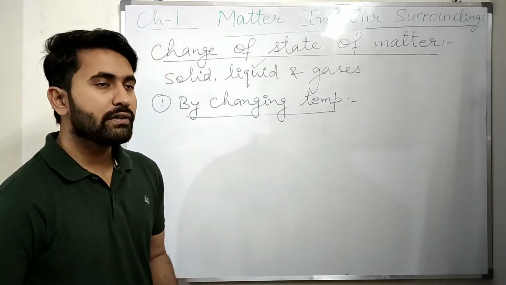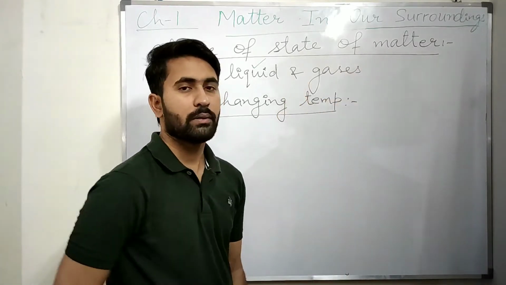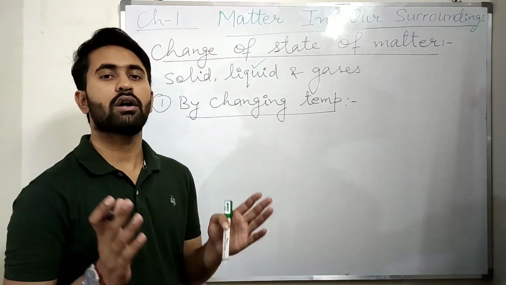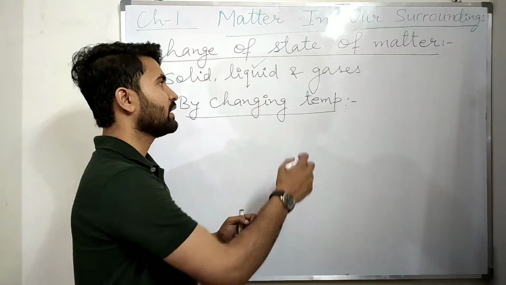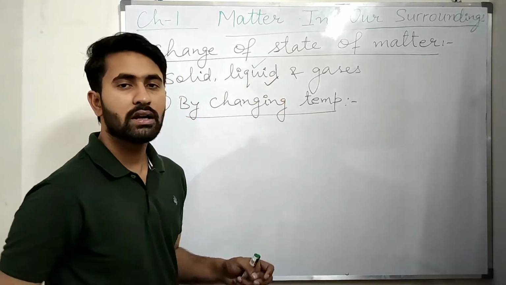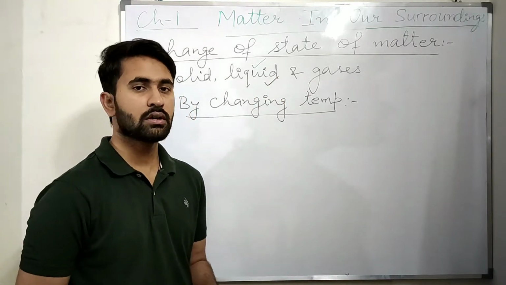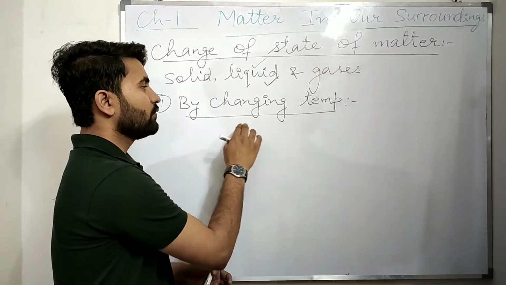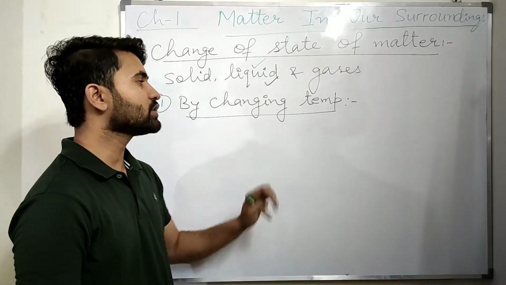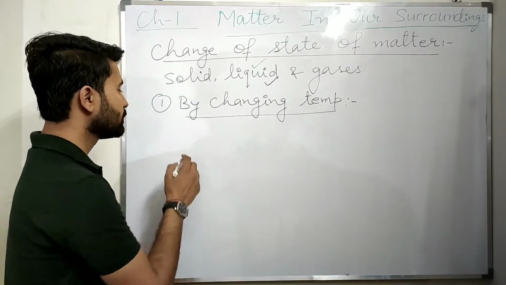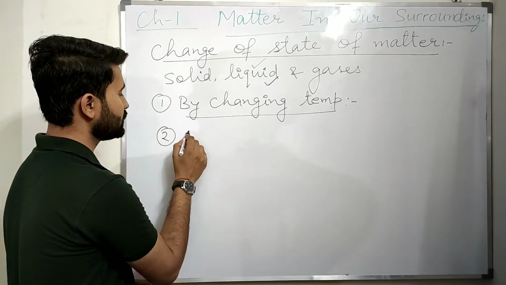And if we will cool down water vapors, if we will decrease the temperature of water vapors, then again it will convert back to liquid water. So the state of matter can be changed by changing temperature, and another is by changing pressure.